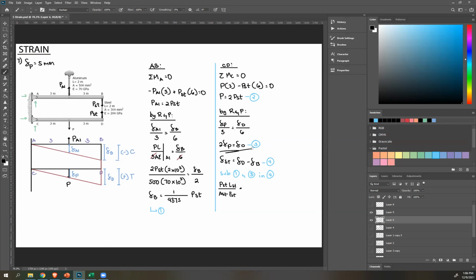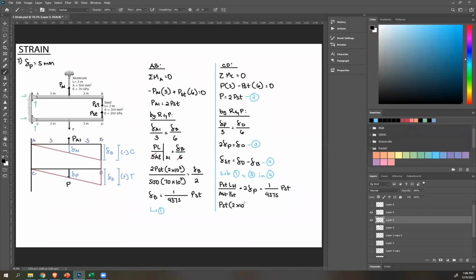So using equation 3, delta D is simply twice delta P minus delta B, which is this, 1 over 4375 PST. Okay? And then let's just sub in our values. PST as is, let's search for that. Length of steel given 2 meters.